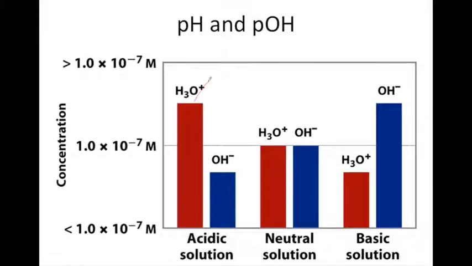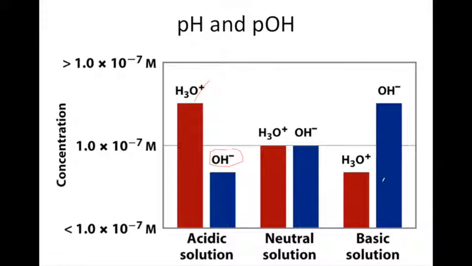Well, it's going to increase. Well, if the hydronium ion concentration increases, then the hydroxide ion concentration must decrease. So these are inversely related because remember, the product of these two must equal Kw, 1 times 10 to the minus 14. So if one goes up by adding an acid, the other must go down. They're reciprocally or inversely related.